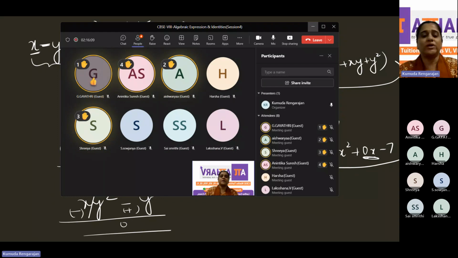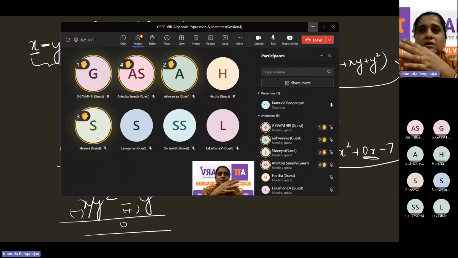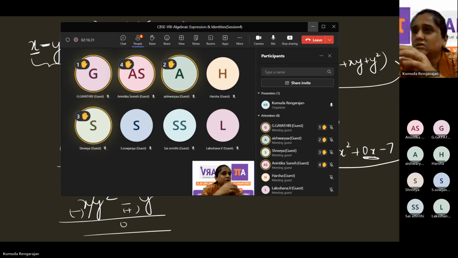So to sum up, in today's class, we understood the 4 algebraic identities which you have for 8th standard. And then we also understood how to apply the identities when you have to expand an expression or when you have to find the value of a particular number, like finding the value of 103 square.